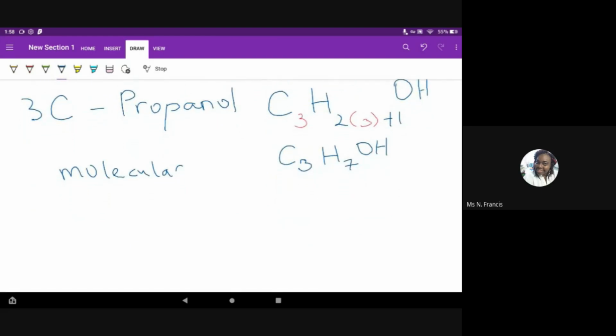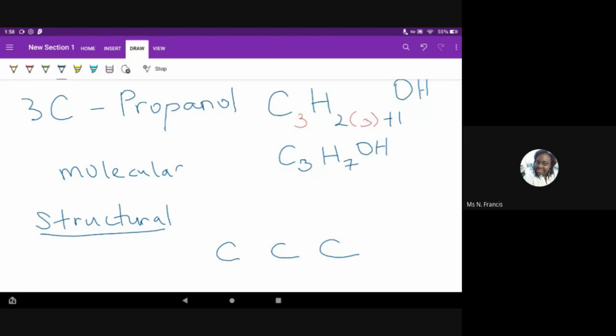How would we draw this? It's the same instructions. Draw your carbon backbone, 3 carbon atoms: 1, 2, 3. Surrounding my carbon atoms, I have hydrogen as well as my functional group.